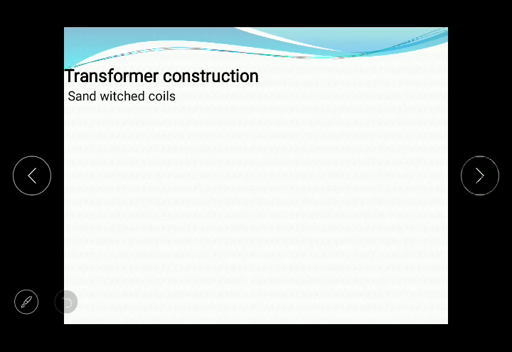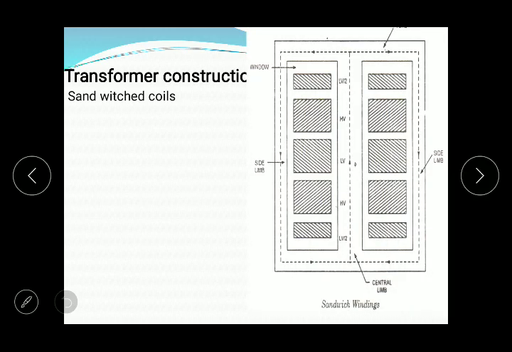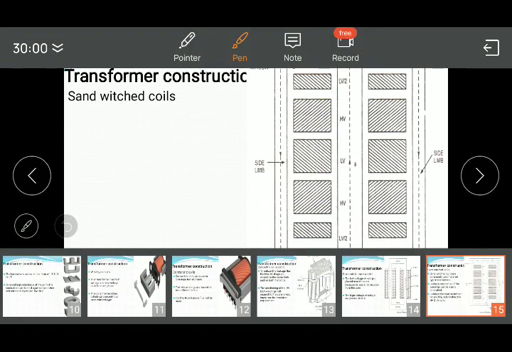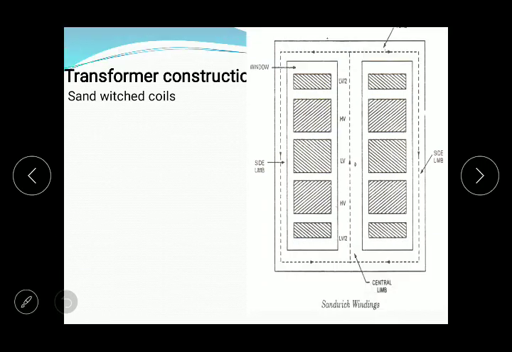So here the sandwich coils, that means one by one, step by step coils are connected. How is it connected? Starting near the central limb, these are the LV winding. After that HV winding, then LV winding, HV winding, LV winding.